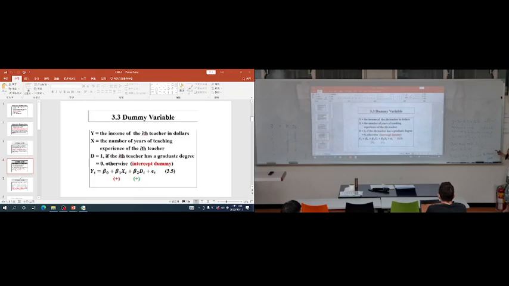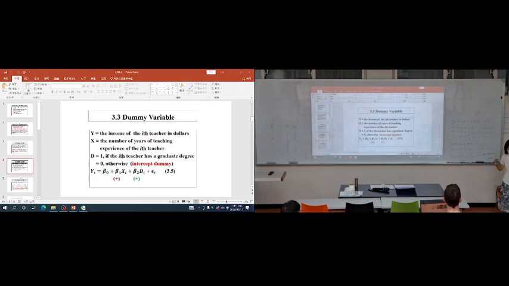Okay? Then suppose we're thinking, how do you think the relationship between higher degree and the salary in high school? If we're thinking about a higher degree with a higher salary, then beta 0 should be, beta 1 is always the same in this case. So the only difference is the starting salary.